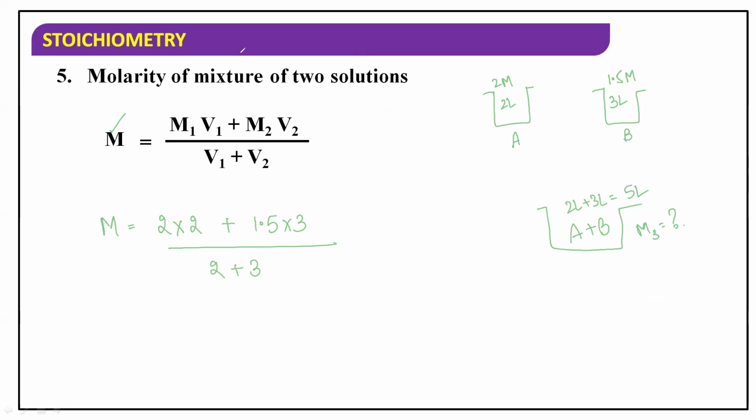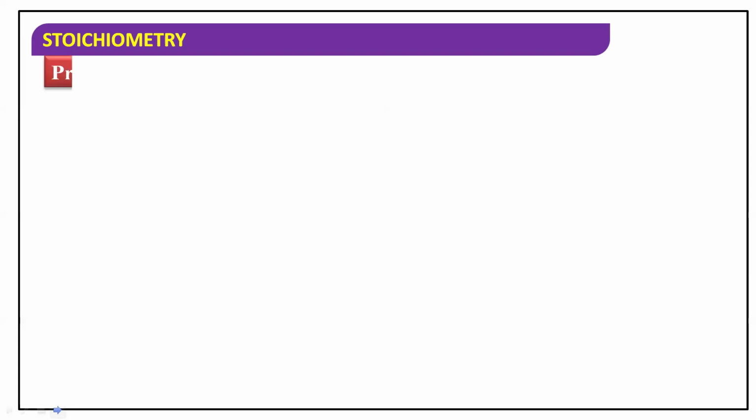Any doubt, please feel free to ask. No, ma'am, the answer should be 1.1, right? Yeah, the answer is 1.1, but I just want to understand whether you understood the concept. Yes, ma'am.